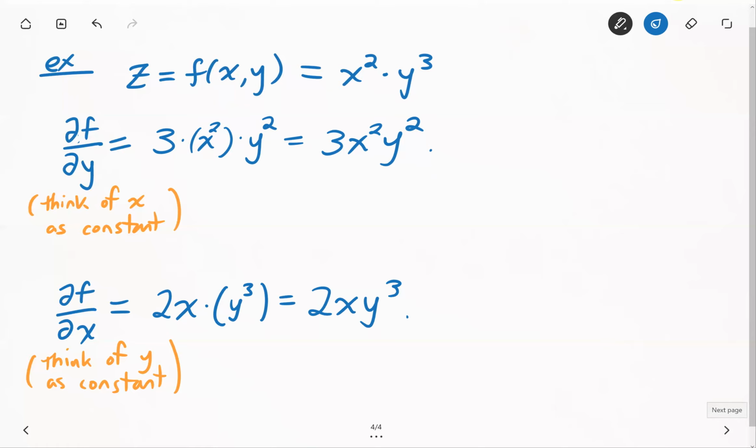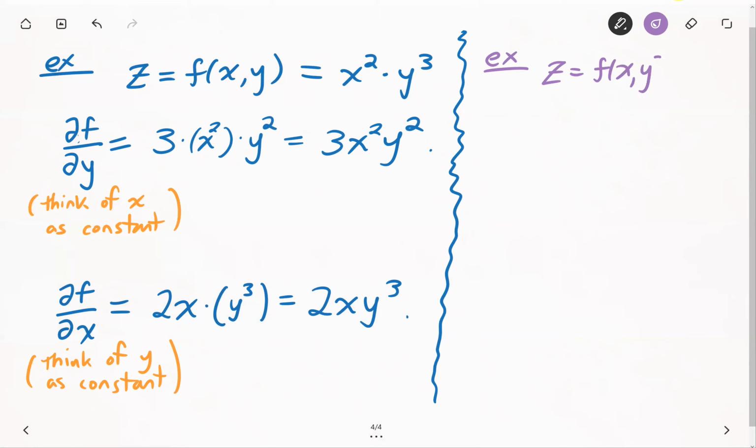So maybe let's do another example. I'll fit in a little example over here. Let's switch colors for fun. Let's do as an example z equals f of x comma y is equal to, I don't know, maybe 4x plus 5y.